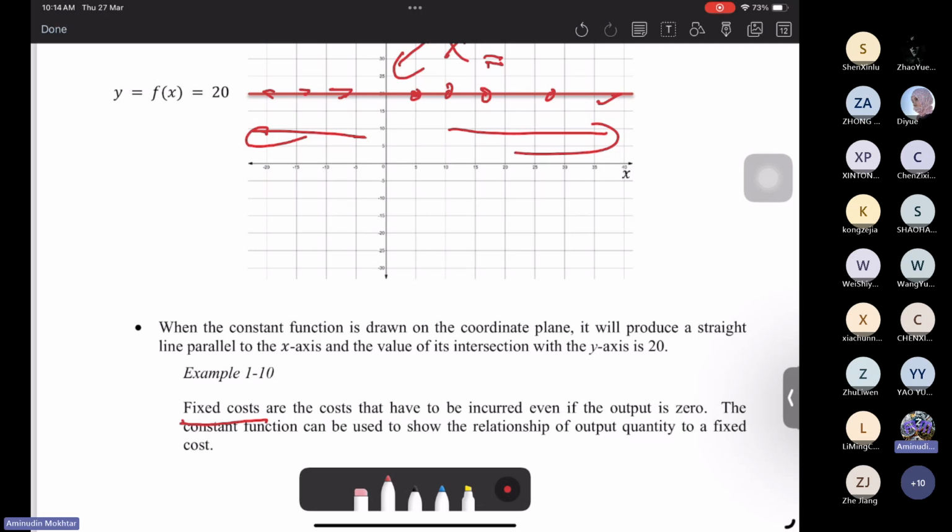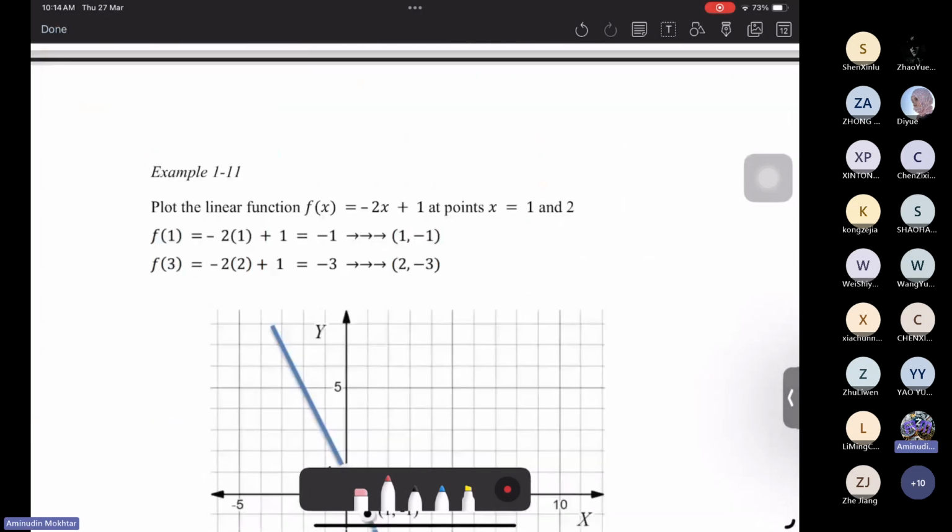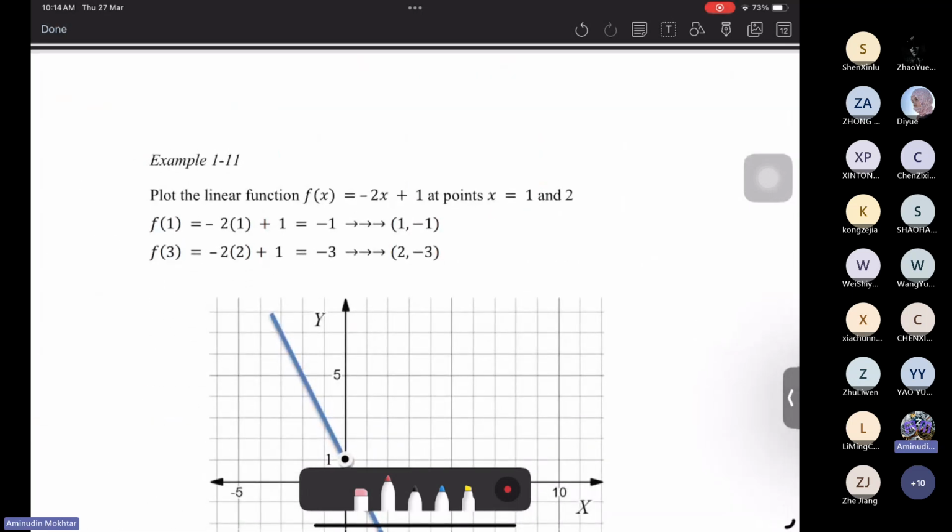Okay, I think that's all for today. I will continue this example 1.11 at week 5 in our next class. Today is 27.